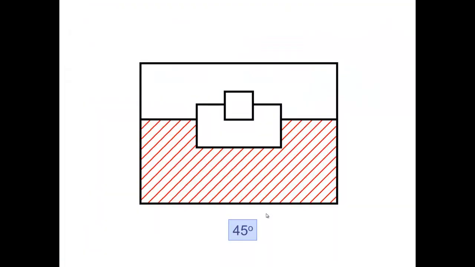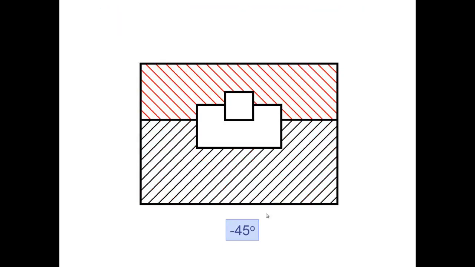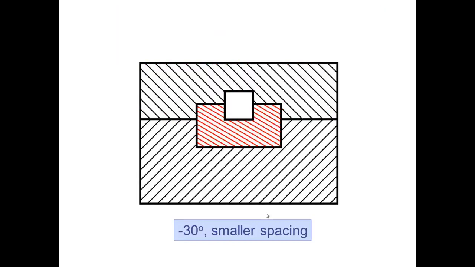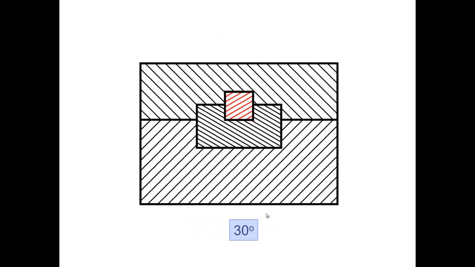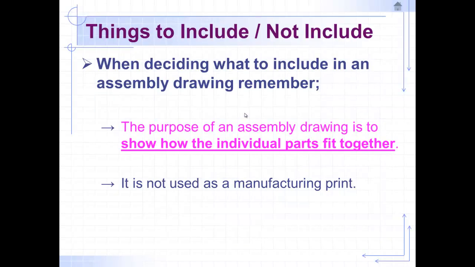We start with a 45, then a negative 45, and then a 30, and then a negative 30, and then a 60, and then a negative 60. You kind of follow that pattern to make sure that when I look at this, it tells me that this is one part, this is another part, this is another part, and this is another part. So it doesn't create confusion. This is fully one part. Okay, is that clear? All right.